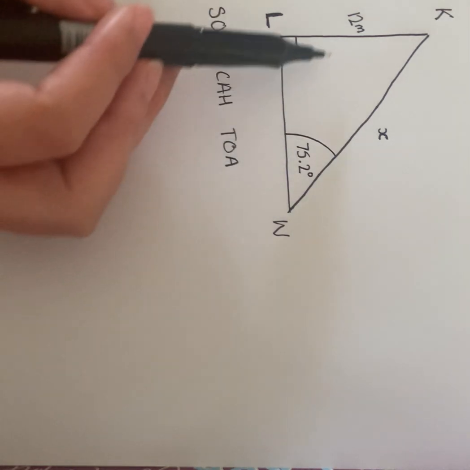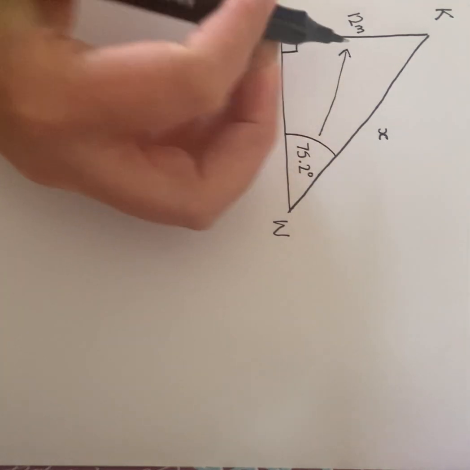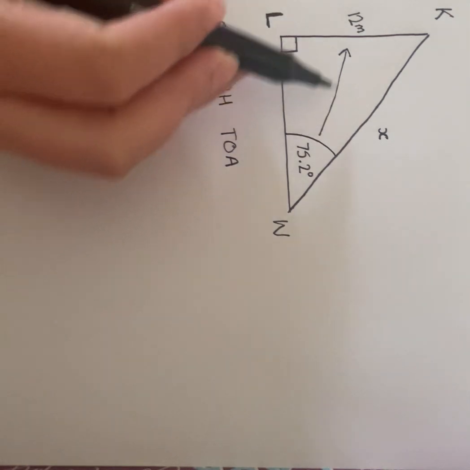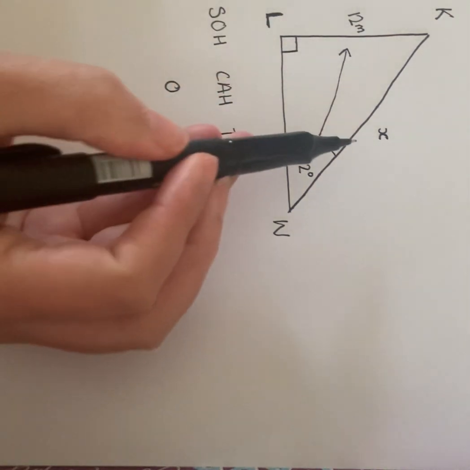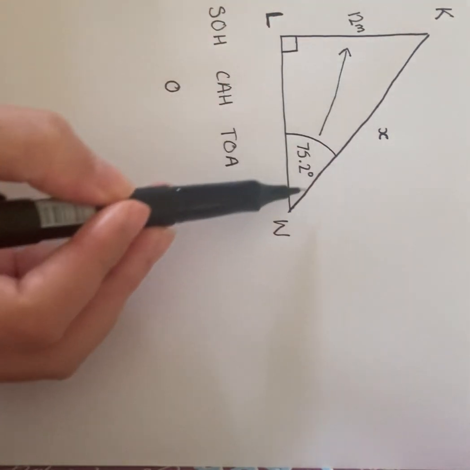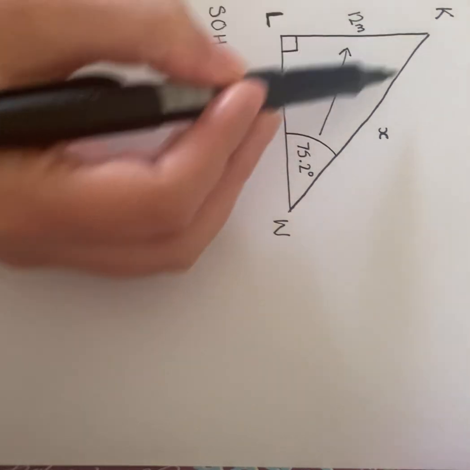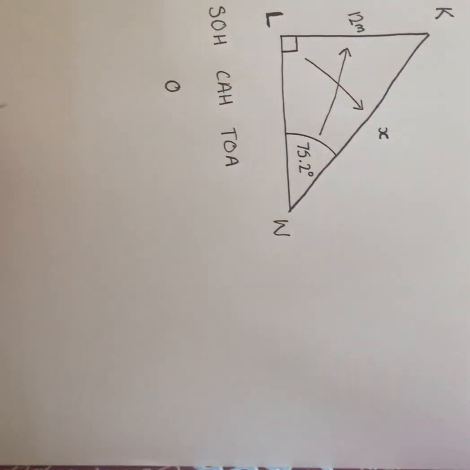And what we've got is, this side here, that's directly opposite our given angle. So we're working with our opposite side. And what about X up here? The side that we want to find, well, this is the longest side and it's the side that's opposite the right angle. So that's our hypotenuse.